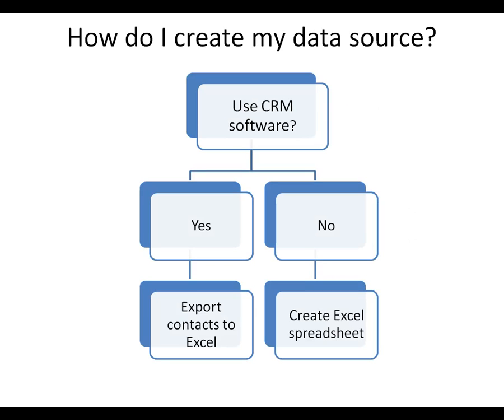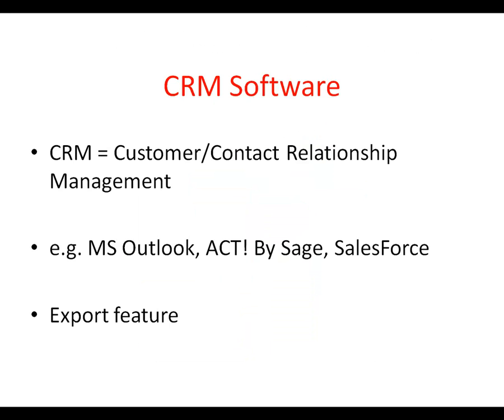So how do I create my data source? There are two ways to create your data source depending on whether you store people's addresses and phone numbers in a software program or if you use a physical Rolodex. Many people keep track of their contacts and customers using CRM, or Contact Relationship Management software, such as Microsoft Outlook, ACT by Sage, or Salesforce.